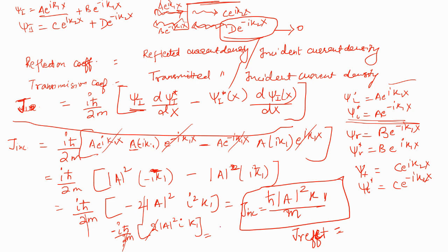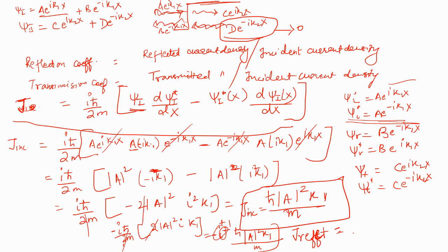This iota square, and this is h cross a square k1 upon m. Right? Iota square is minus 1. We have already minus outside, so it will become plus 1. Then this is h cross a square k1 by m. Got it? Any problem?